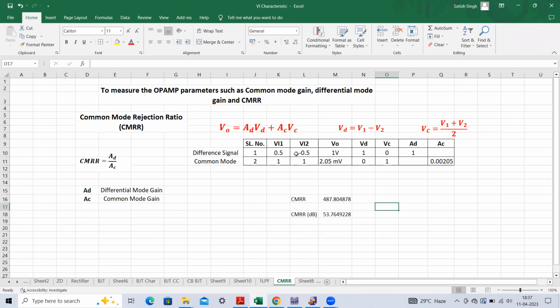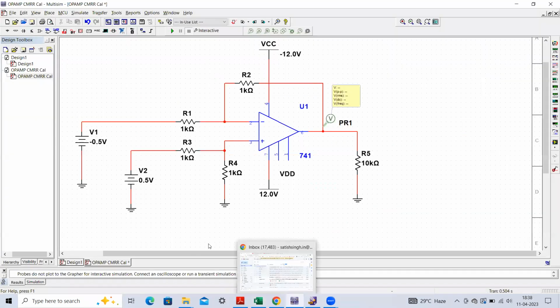So if you calculate this difference, 0.5 minus minus 0.5 will become 1 volt, right? So VD is actually 1 volt. The difference voltage that we have applied is 1 volt, right? And please remember, this particular voltage is V1. Here it is written V2, but it is V1, right? And this voltage I'm calling V2, right? This way the difference will become 1 volt.